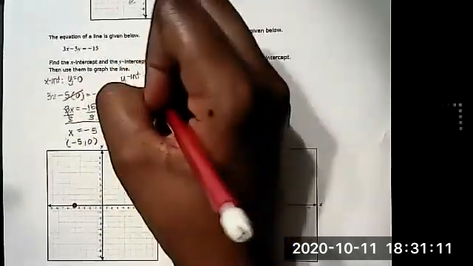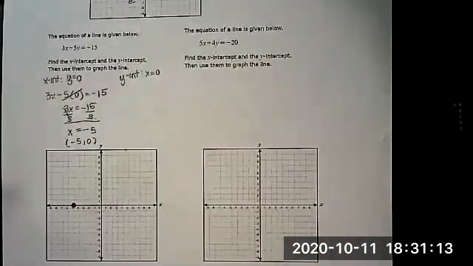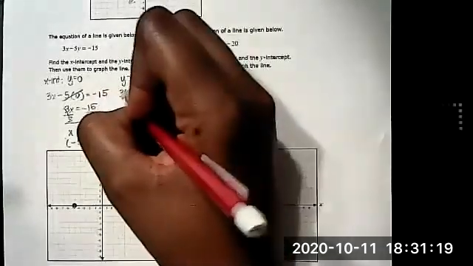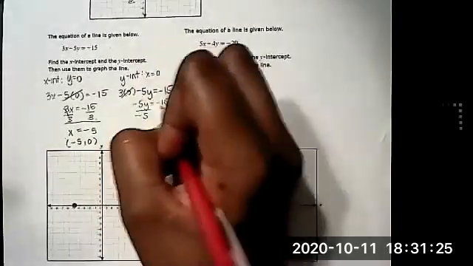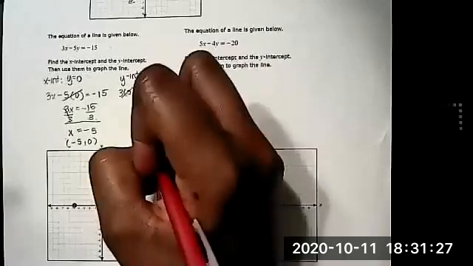For y-intercept now, you make x equal 0, like we've been doing. So it becomes 3 times 0 minus 5y equals negative 15. Cancels out there. Negative 5y equals negative 15. Divide by negative 5 on both sides. Get your y by itself.